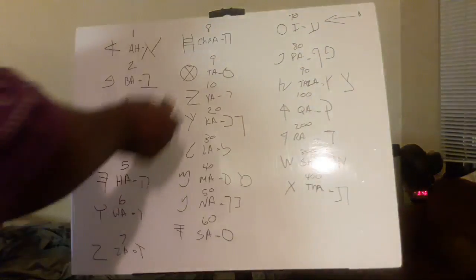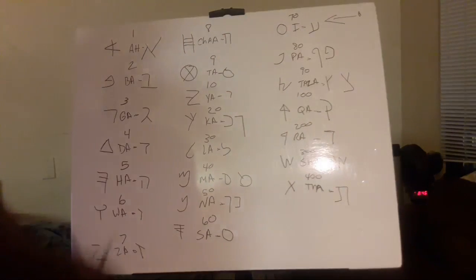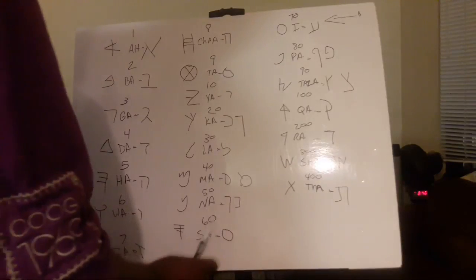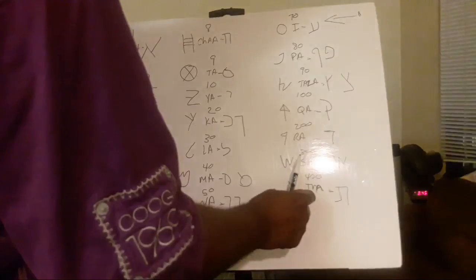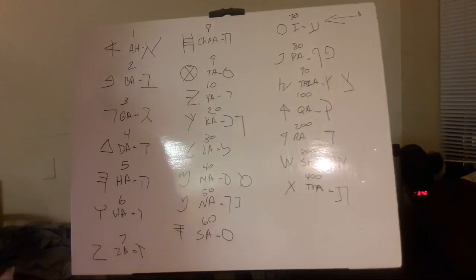Those are the numbers that represent the Paleo Hebrew. 1, 2, 3, 4, 5, 6, 7, 8, 9, 10, 20, 30, 40, 50, 60, 70, 80, 90, 100, 200, 300, and 400.